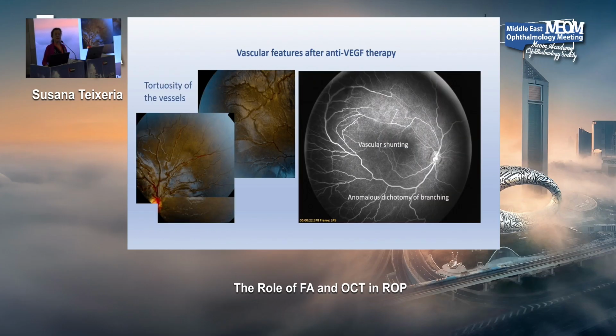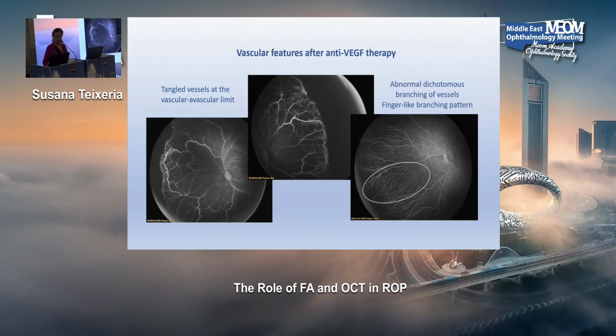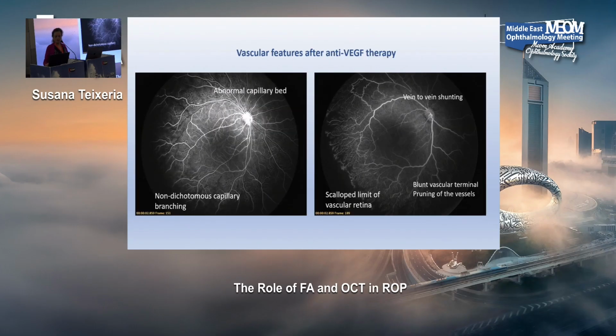You can have what most of us know, some funny findings in the vascularization of the retina. So you can have these shunts. You can have this anomalous dichotomous branching. So somehow the retina is not vascularizing the way it should vascularize.